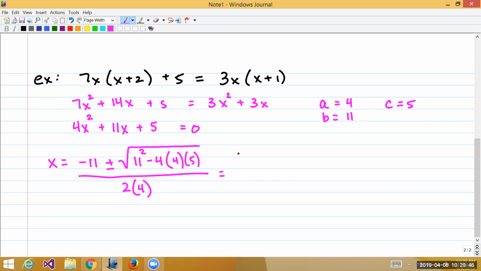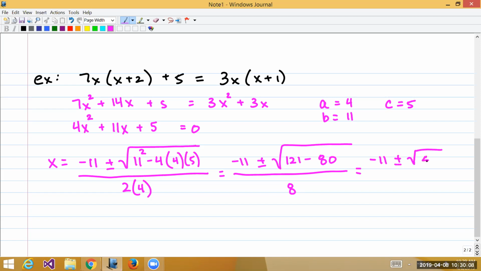So this equals negative 11 plus or minus the square root of 121 minus 80, all over 8. That will be negative 11 plus or minus the square root of 41 over 8.